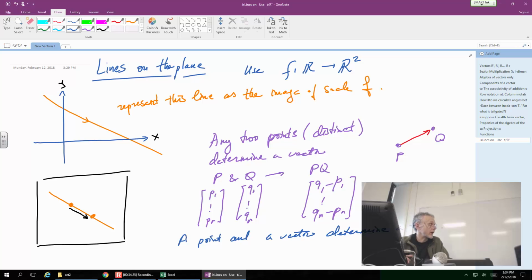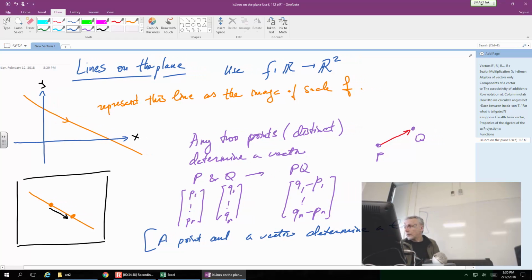It's called the direction vector. But if you also have a point, then you're fine. So that's the plan of finding that function f that we're after, by fixing a point and a vector.